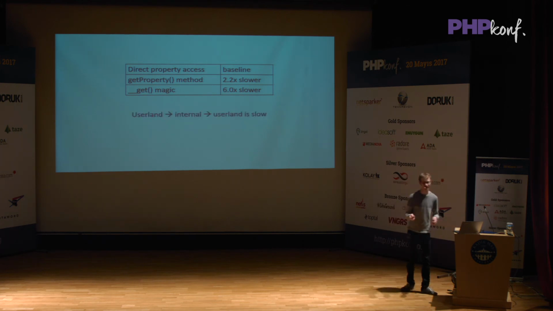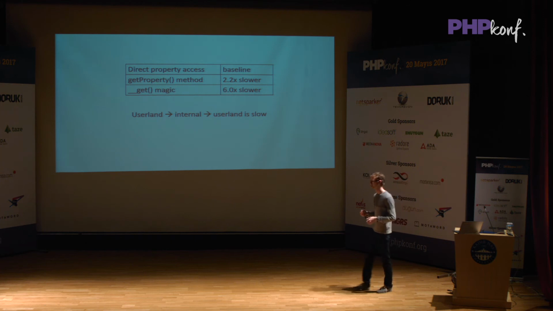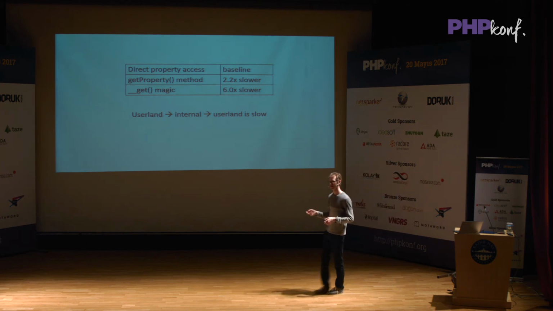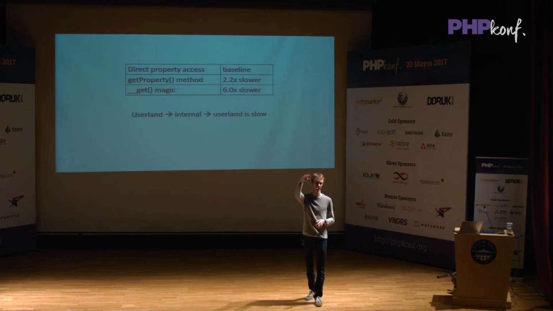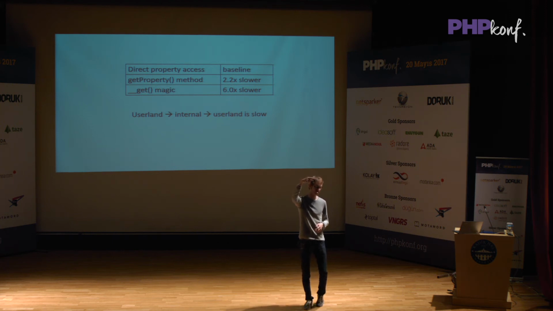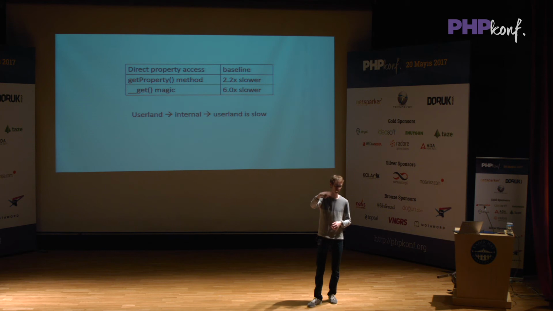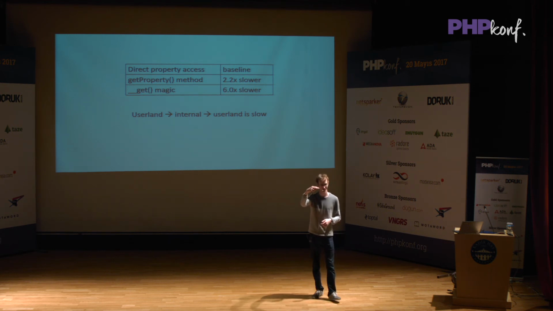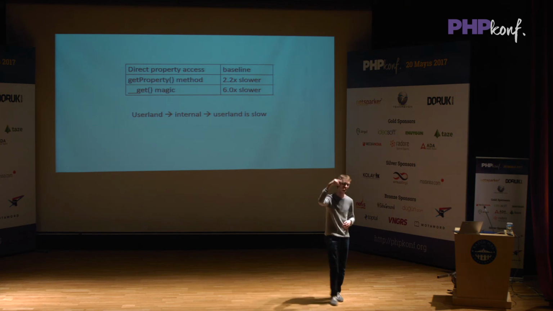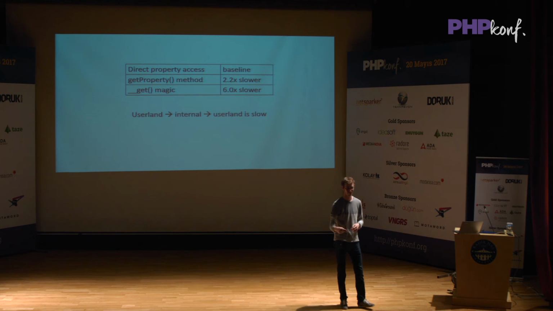The first one, and the main one, is that here we have this kind of sequence where we are running user code, so normal PHP code. Then we do a property access, and that's internal code. And then the internal code has to call the magic method. And that's, again, user code. So we have a sequence: user code, internal code, user code. And doing that kind of sequence is slow.